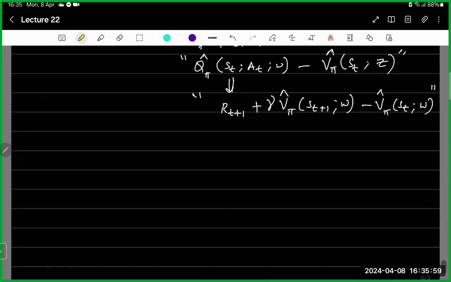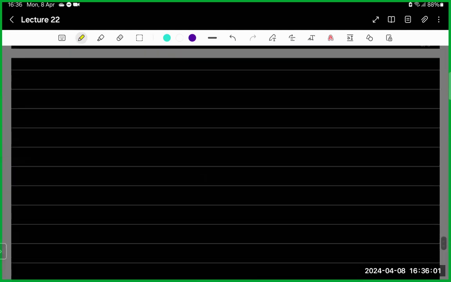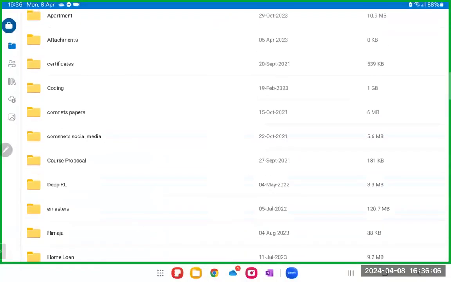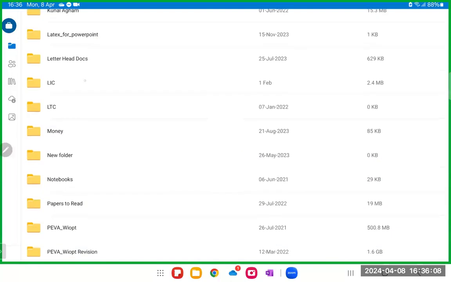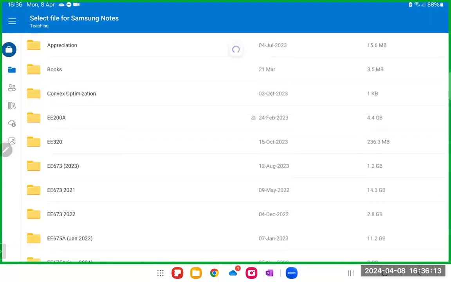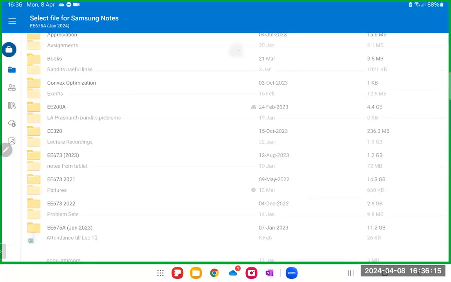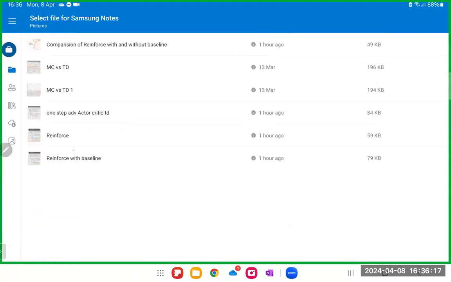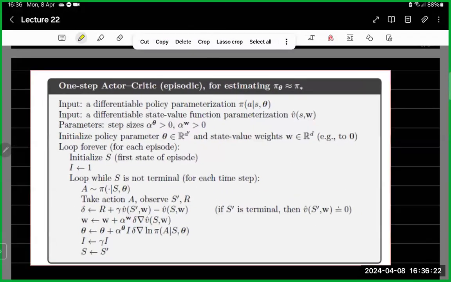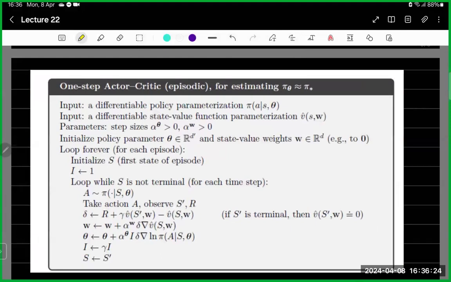Okay. So let me show you that algorithm in detail. As usual, we'll start with some function approximation, whatever we want.